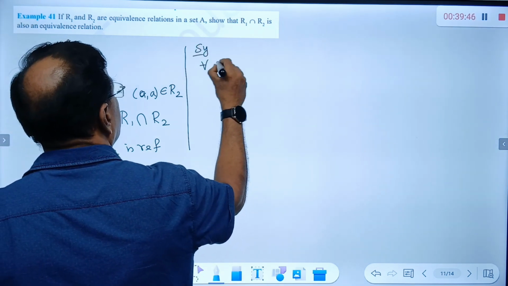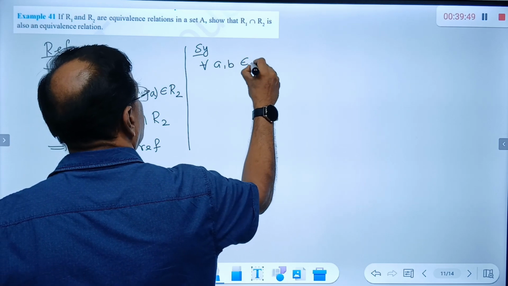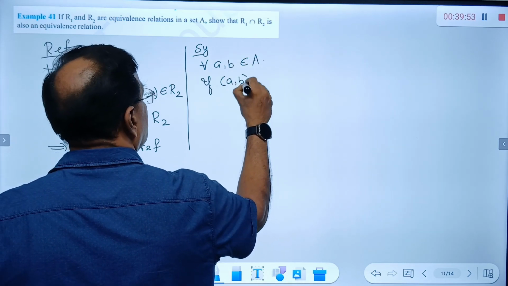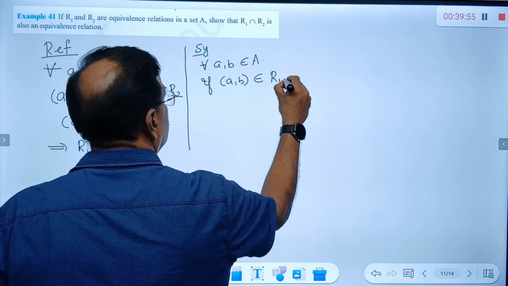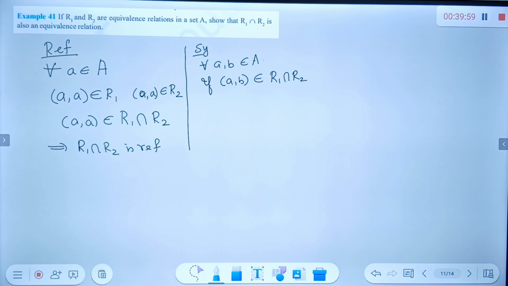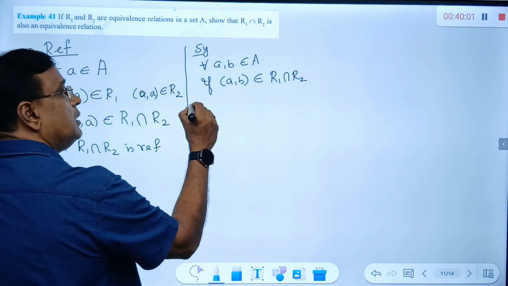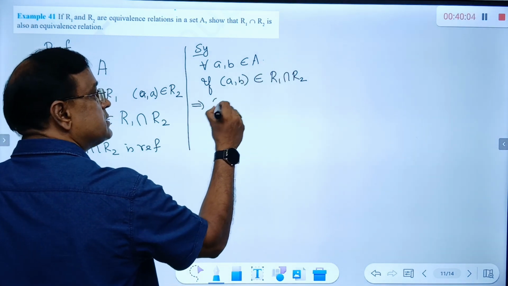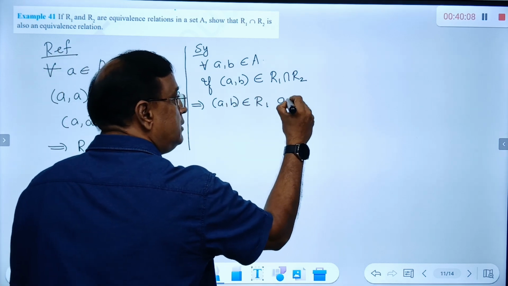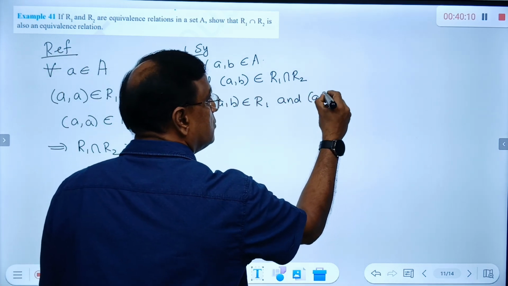For every (a, b) belonging to A, if (a, b) belongs to R1 intersection R2, what can you say? Since it belongs to the intersection, it should belong to both R1 and R2, correct?